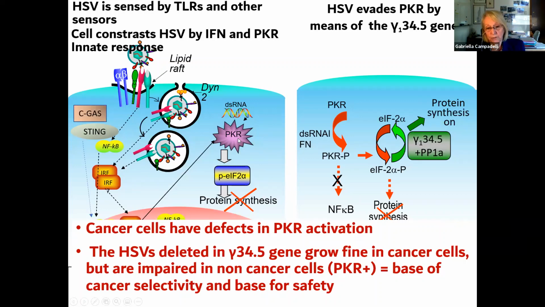So the discoveries were that HSVs deleted in the 34.5 gene grow fine in cancer cells. They are impaired, of course, to some extent in non-cancer cells, which are PKR positive. And this is actually the base of selectivity for the OVs that are cancer selective, that are deleted in the 34.5 gene.